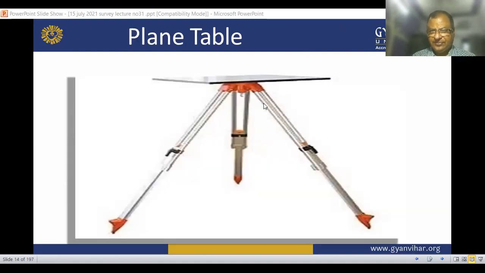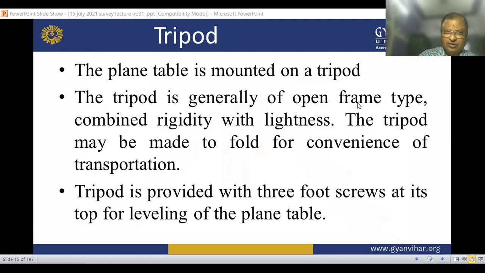This is the plane table. This is the tripod.